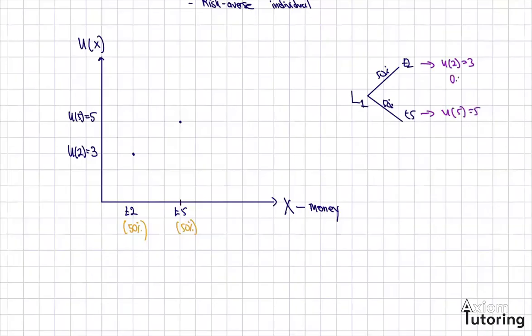Because each is happening with 50%, I'm going to do a simple average of those two, or a weighted average if you like. So it's 3 plus 5 divided by 2. The weighted average would be the same: 0.5 times 3 plus 0.5 times 5, and we come to 4.